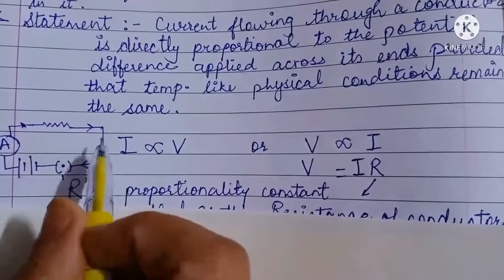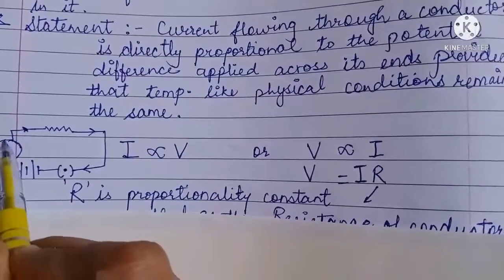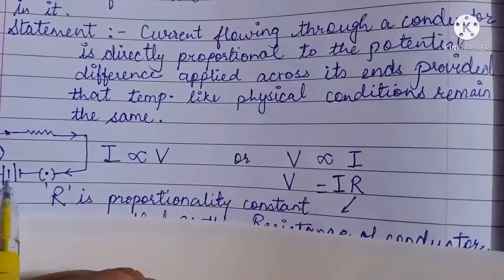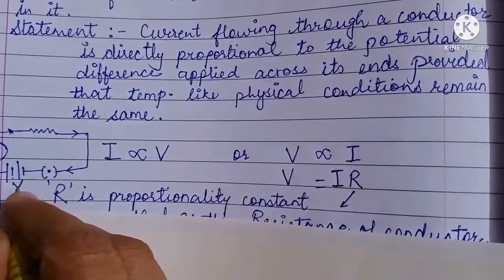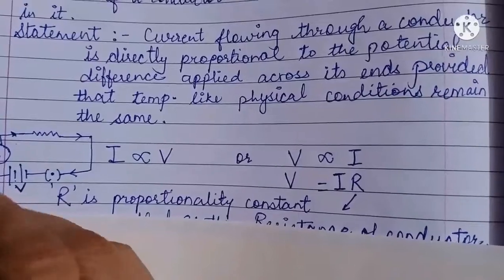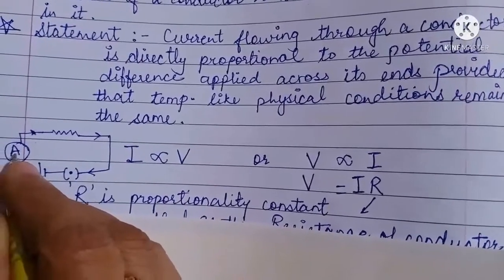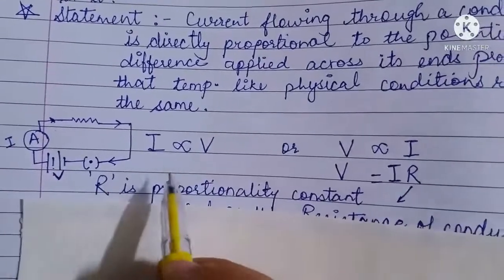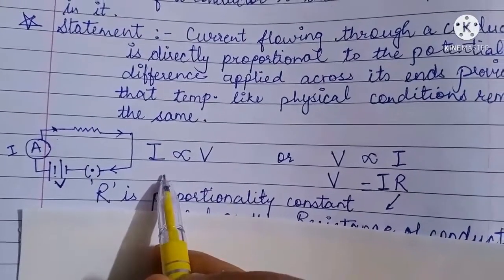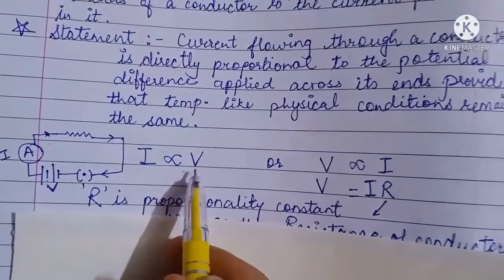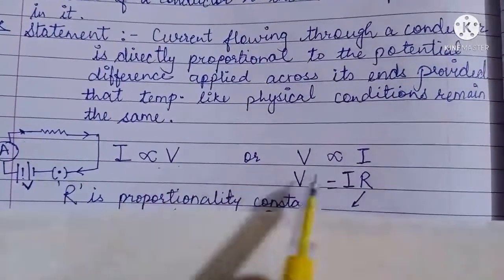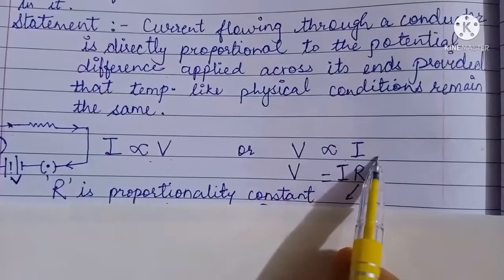Thereby, according to Ohm's law, the current flowing through the circuit is directly proportional to the potential difference applied. This is V which is applied here, right? And the current which is flowing through this ammeter is, say, I. So the current flowing through this conductor is directly proportional to the potential difference applied across the ends. Or we can write it as V is directly proportional to I.